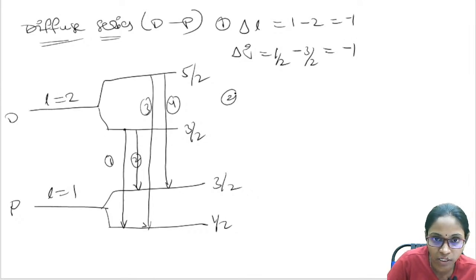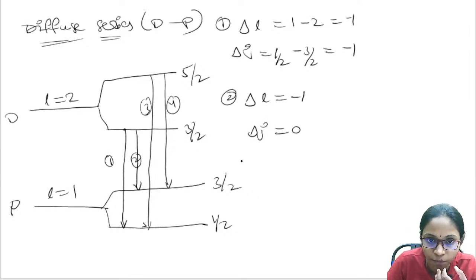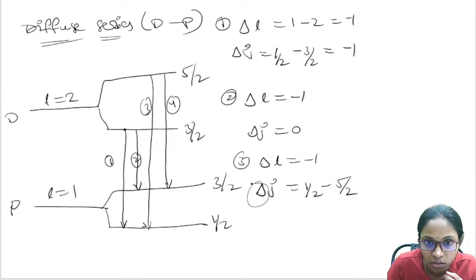Yes, and go for the second one. Delta L is minus 1, that is 1 minus 2, and delta J is 3 by 2 minus 3 by 2, which is 0. Coming to the third one, delta L is minus 1, delta J is 1 by 2 minus 5 by 2. Delta indicates the difference.